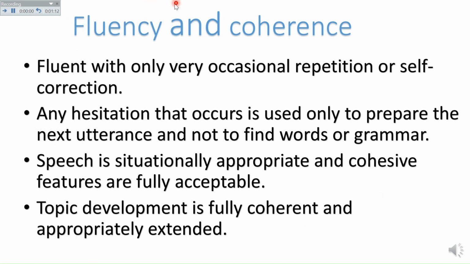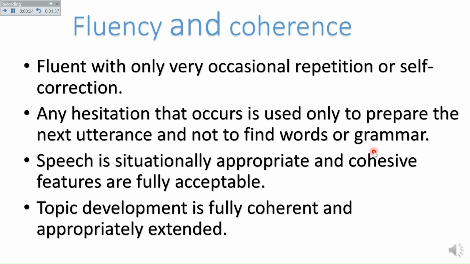The first one is fluency and coherence. It means fluent with only very occasional repetition or self-correction. That is, you need to be fluent, but you can still have occasional repetition or self-correction. That is allowed. You can still get a nine band in fluency and coherence. Any hesitation that occurs is used only to prepare the next utterance and not to find the words or grammar.